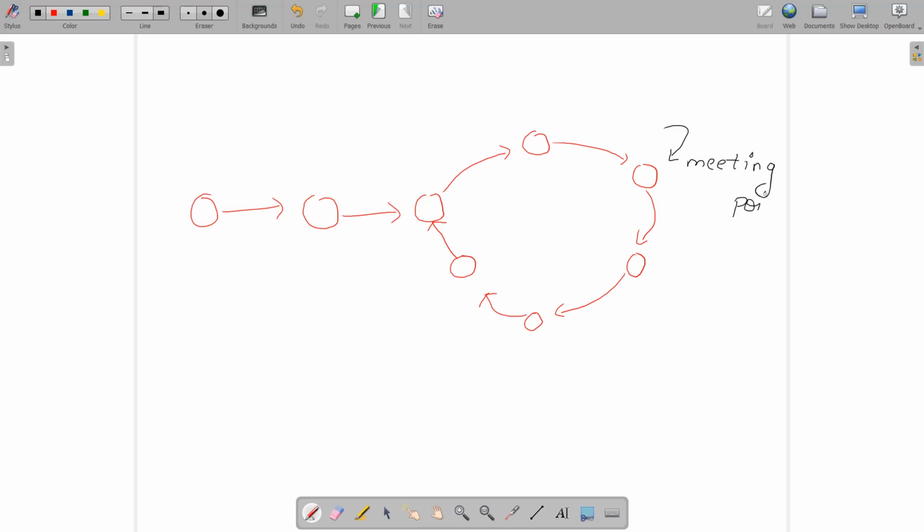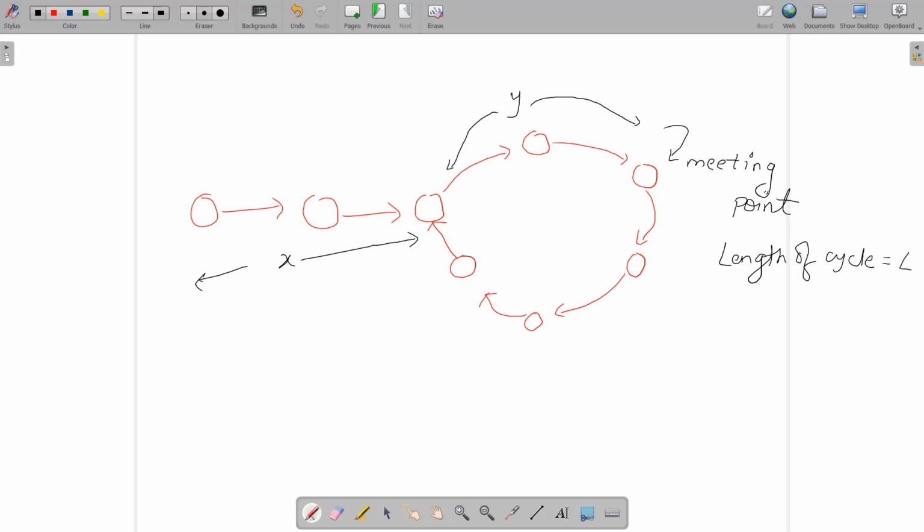Let's call the length of the cycle L. Let us say that the distance between the starting node, that is the head of the linked list, and the node where the cycle begins is X. You can say this is the X. And let's call the distance between the start of the cycle node and the meeting point Y. You can see this is the Y distance.